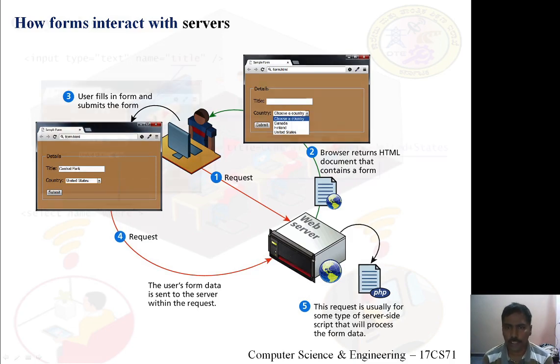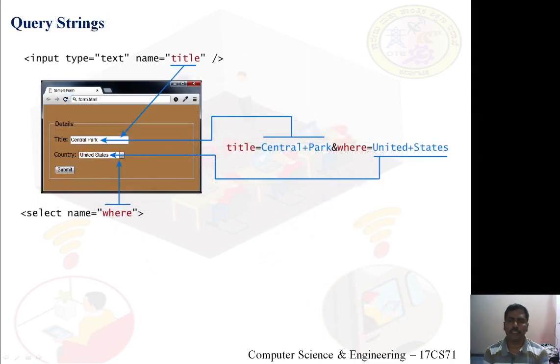Now have a look at the next slide. See here. A query string is part of the URL in the case of the GET method. I mean to say, the query contains the input parameters that will be sent to the server on submitting the form.